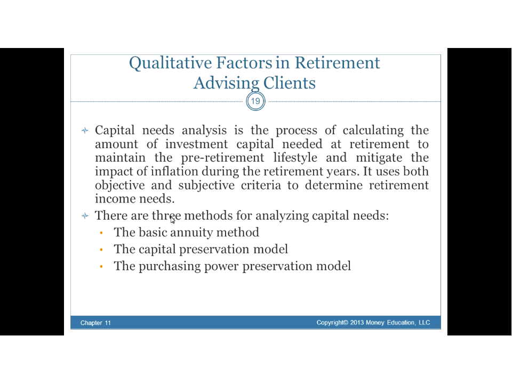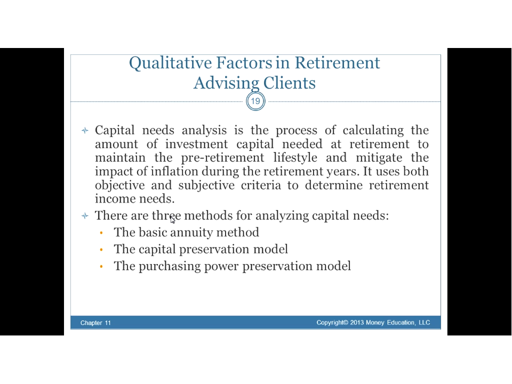There's the basic annuity method, which is the time value of money method, where you start off, hey, we've got to figure out how much you need the day you retire. That's based upon not needing any money after you're dead. And so to live at a certain lifestyle, how much do you need at the beginning of retirement? And then if that's how much you need at the beginning of retirement, here's how much you have today, how much do you need to save each year? That's the basic annuity method.